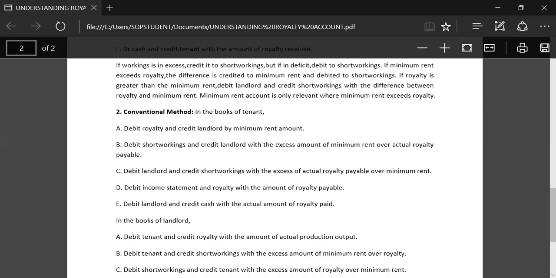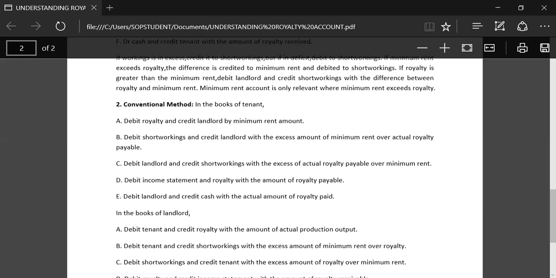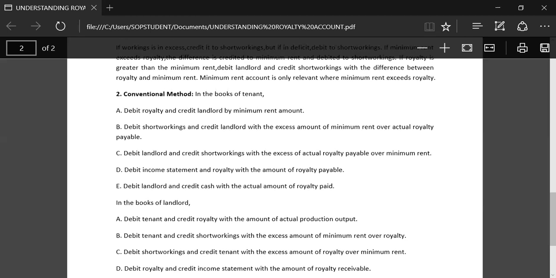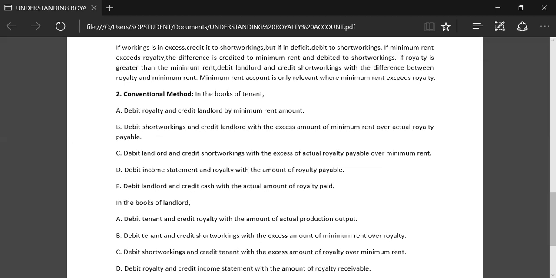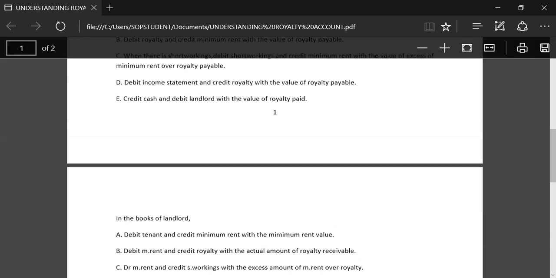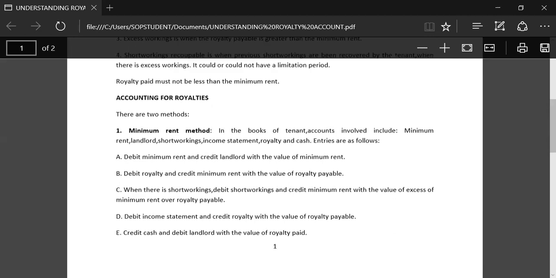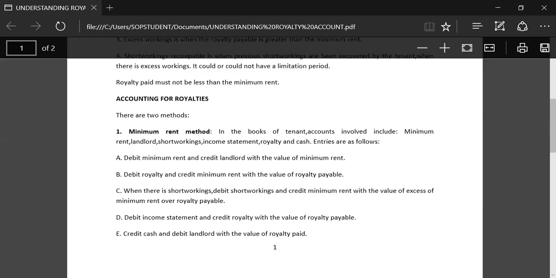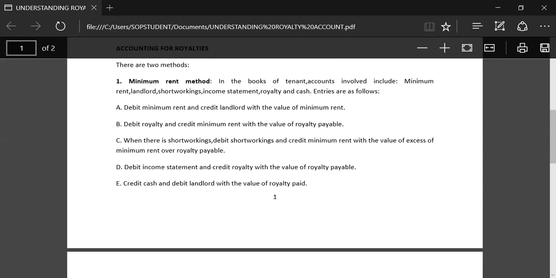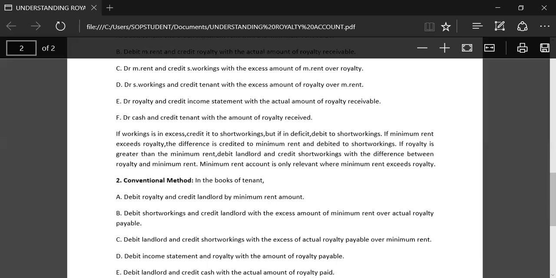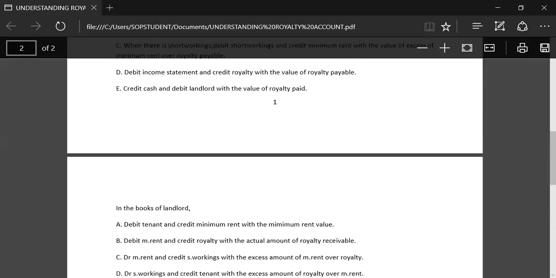However, in the conventional method, you have the royalty account, you also have the landlord account, you have the short workings account, just as you have, but the difference is in the entries. The difference between the minimum rent method and conventional method is in the entries.